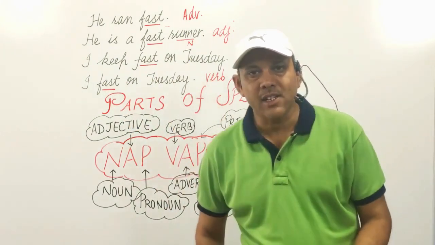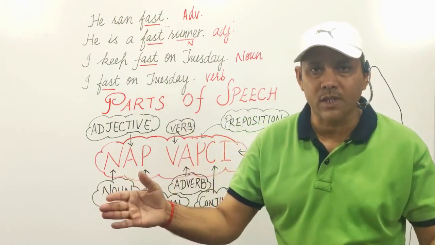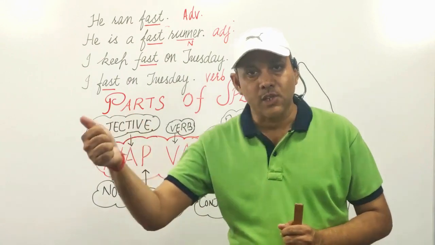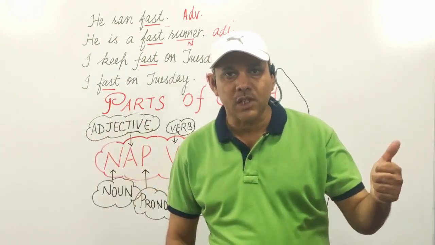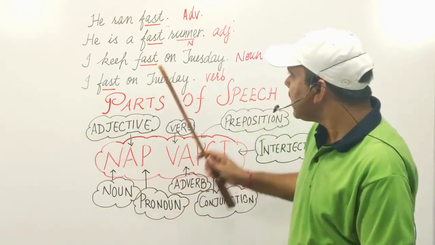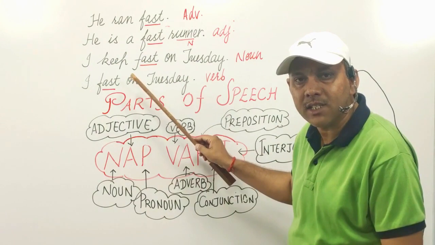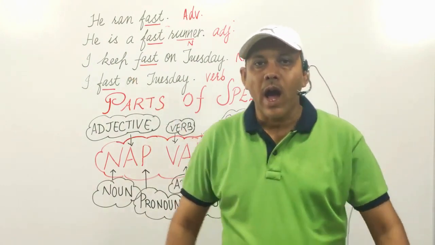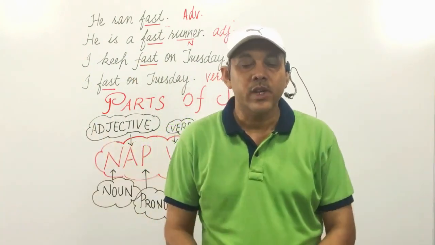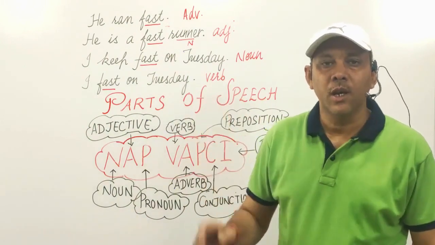As in our society, different persons have different roles. For example, someone is a doctor, someone is a teacher, someone is a farmer. In the same way, this word plays a different role in every sentence. English language has millions of words. We cannot write or learn all the words.